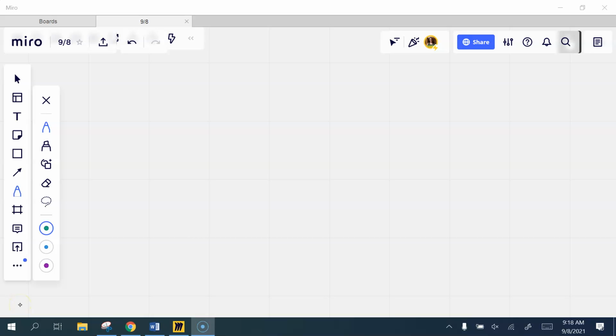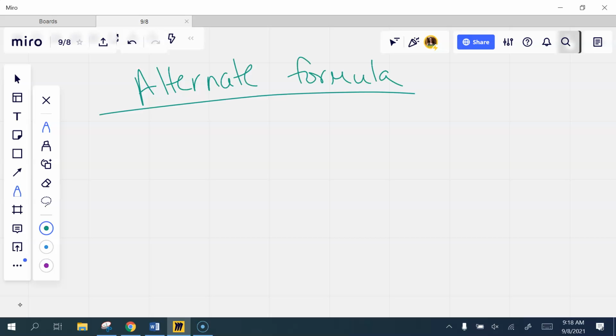I'm going to show you an alternate formula, a shortcut. It's a little easier to use than the h approaches 0 formula. I won't go into deriving it. I am not going to lie, I am not as good with this alternate formula because it is not something that used to be tested on.